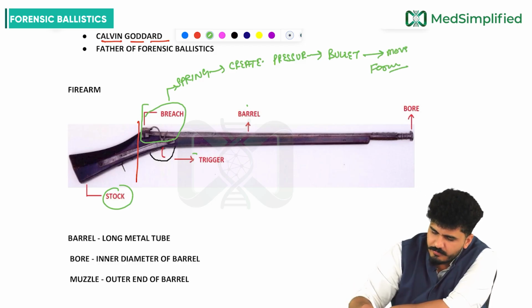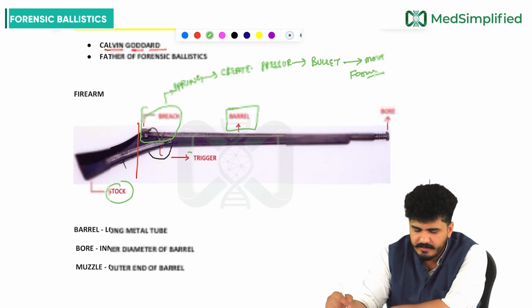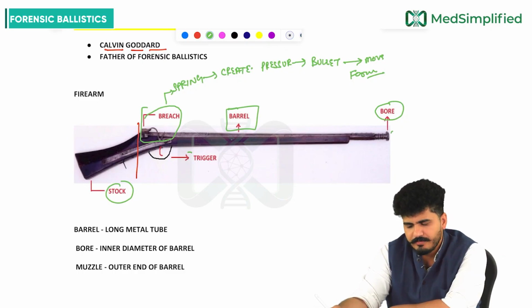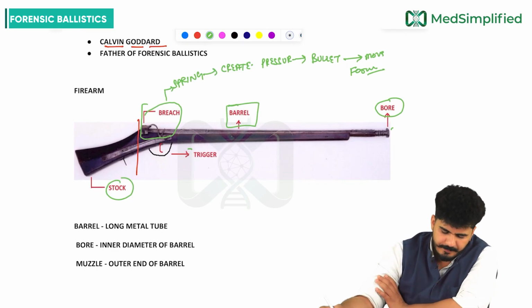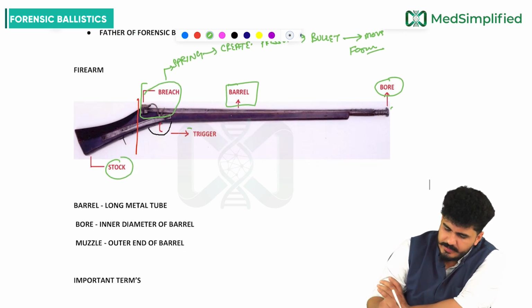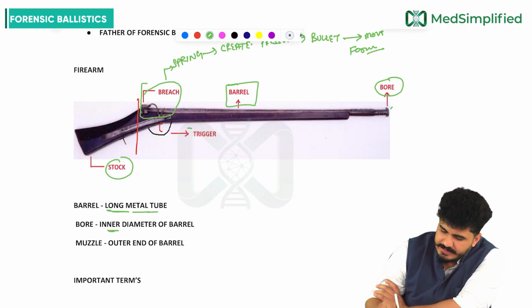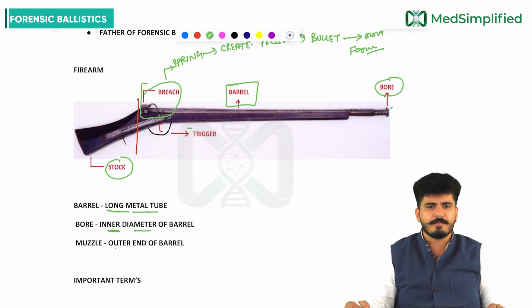The bullet moves forward from the barrel, and the inner diameter is the bore. Remember, the barrel is a long metal tube. The bore is the inner diameter of a barrel.